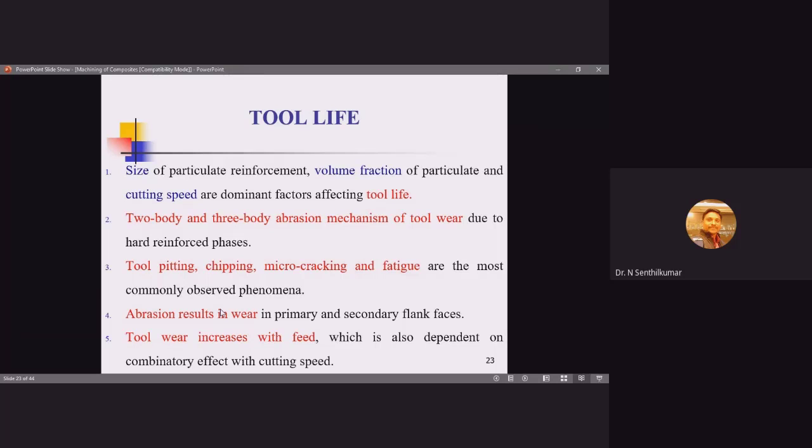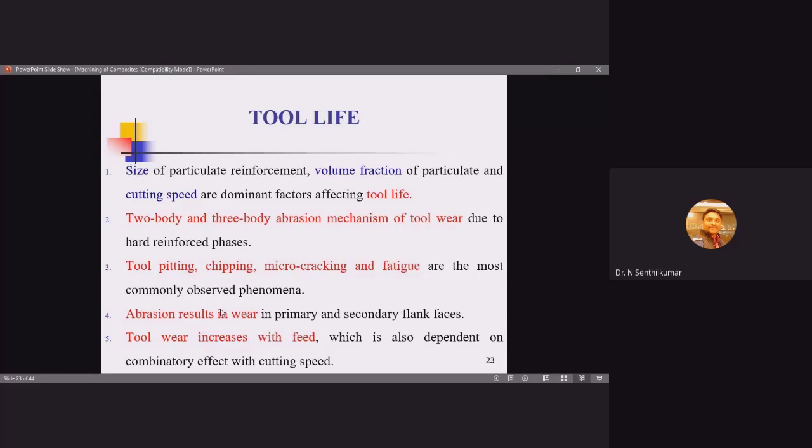Then abrasion, because the chip is going to slide over the rake face of the cutting tool. If the chip has some hard particulates, it will make the rake face wear. So in the secondary and primary flank faces, the wear will be there because of the abrasive action of these materials.